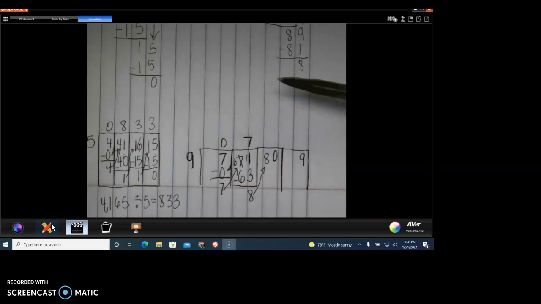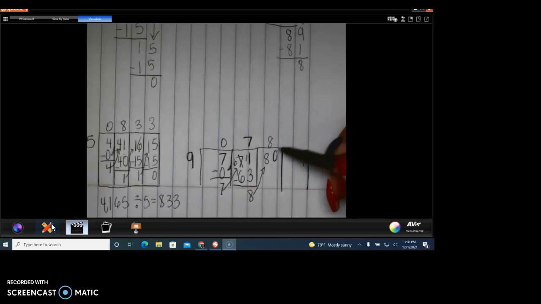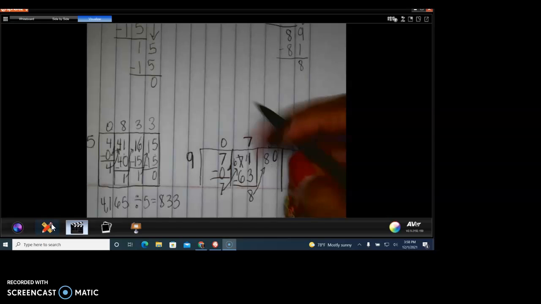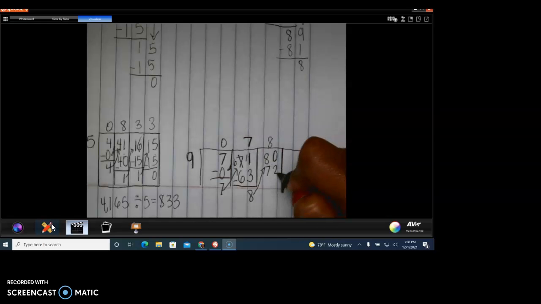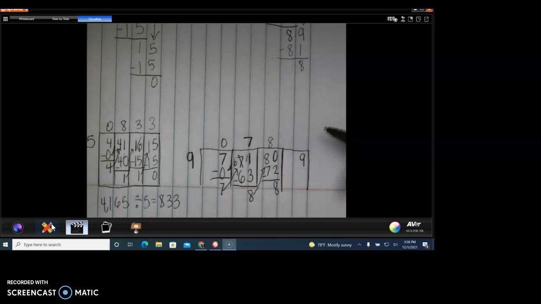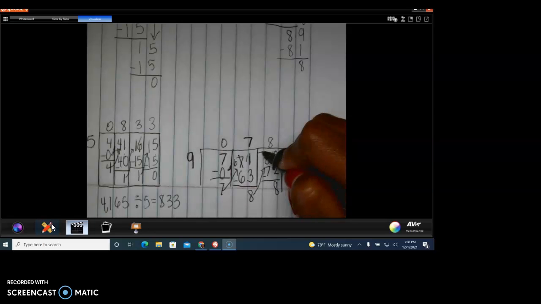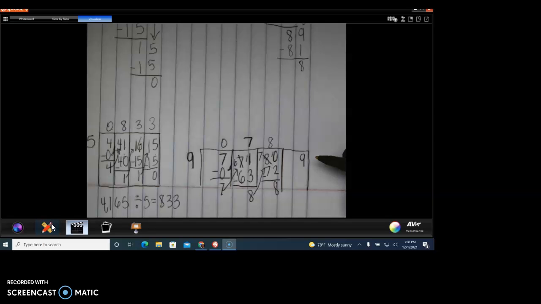How many groups can I make of 9? I can make 8 groups. 8 times 9 is 72. This is 8. I move this over to the next column.